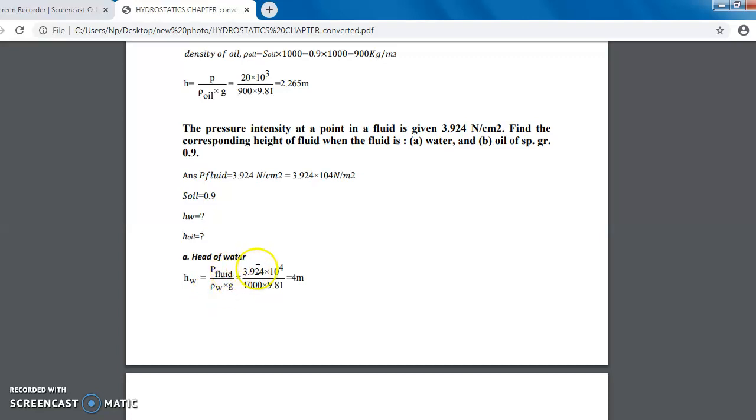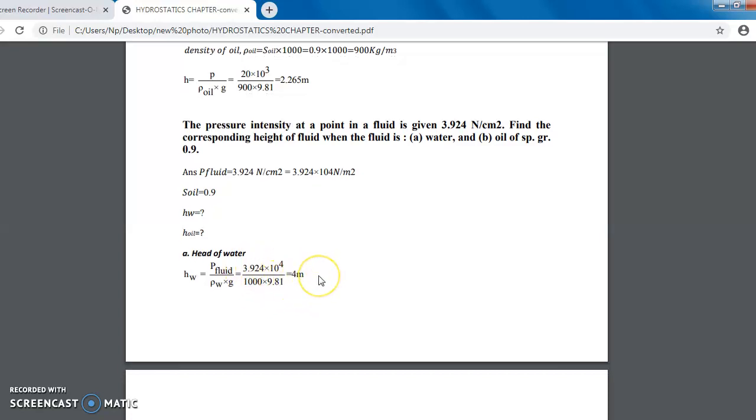So what will we get here? That is 3.924 into 10 to the power 4 Newton per meter square, then the density of water 1000 and g 9.81. If you calculate, you will get 4 meter.